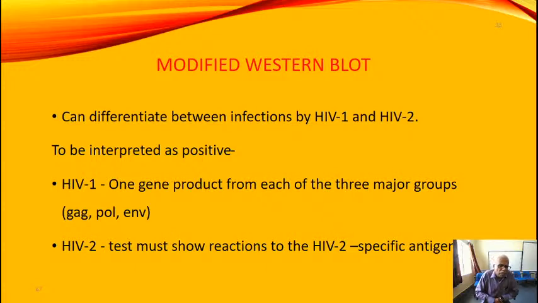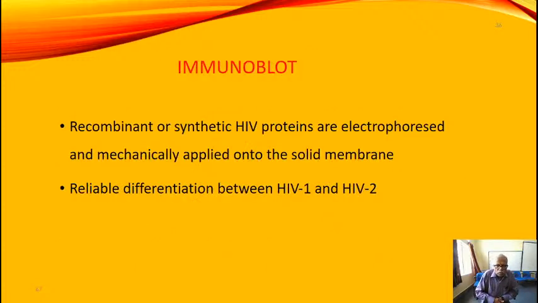Like that we identified these individual proteins, then started doing the test to identify 1 or 2. So this is one more immunoblot to identify between HIV 1 and 2. This is also recombinant synthetic HIV protein.